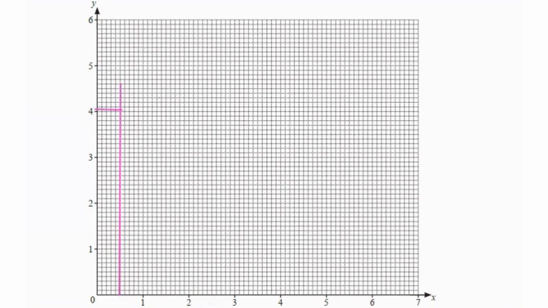So I'm going to choose this point. Then it says 1 and 2.25. 2.25 is 1, 2, somewhere around here.